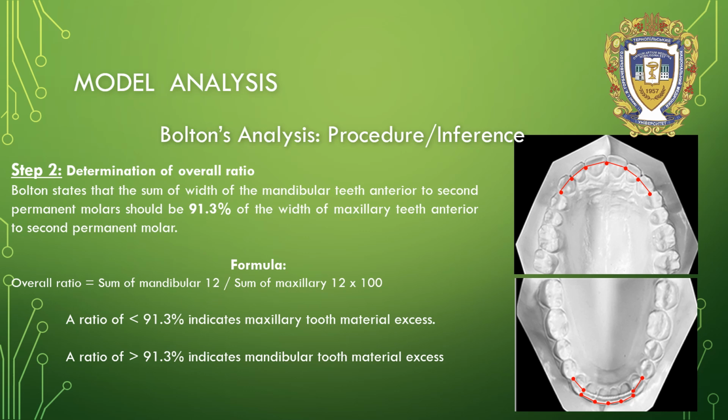And Bolton proposed a formula: overall ratio is the sum of the mandibular 12 teeth to the sum of the maxillary 12 teeth multiplied by 100. A ratio of less than 91.3% indicates maxillary tooth material excess. Instead, in the opposite situation, a ratio of more than 91.3% indicates mandibular tooth material excess.